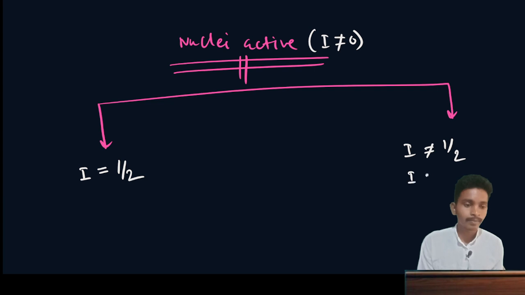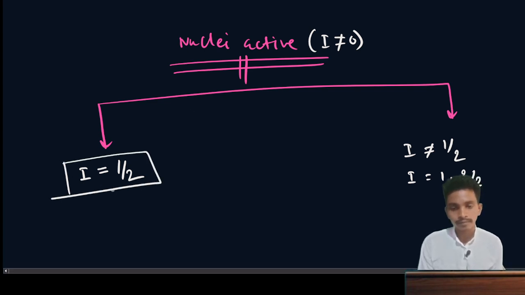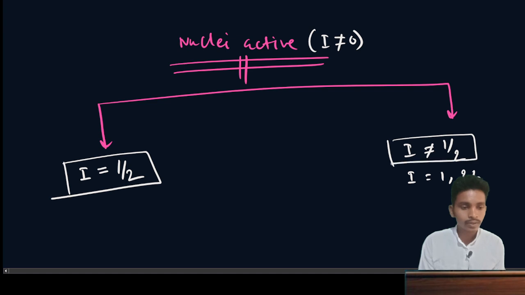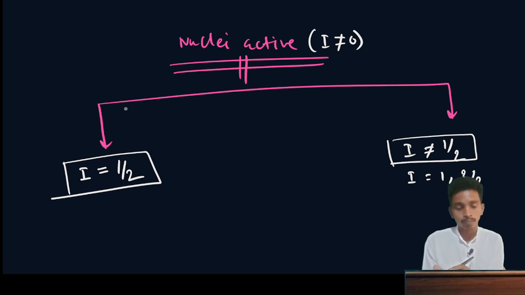I may be 1, maybe 3/2, some value, but not equal to half. This way we divide nuclear active atoms into two categories.